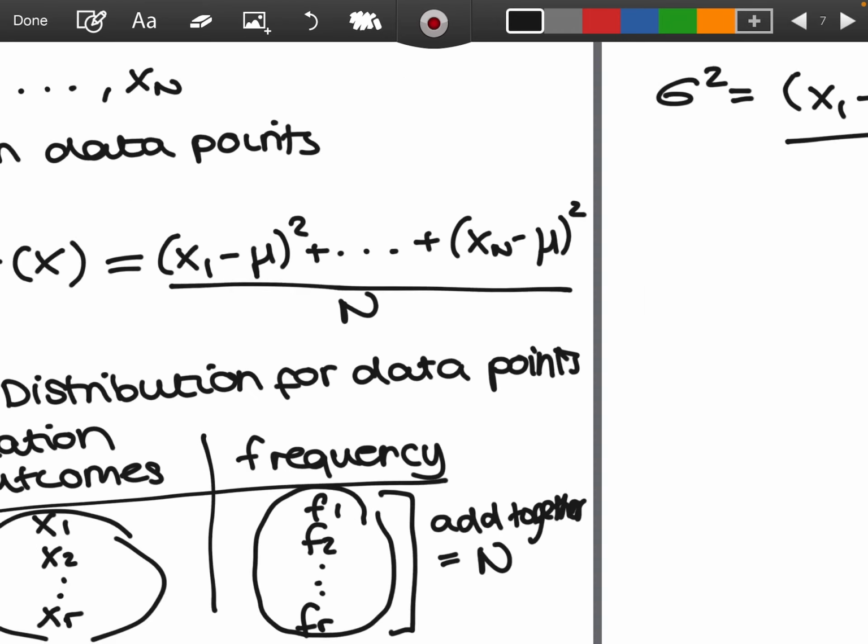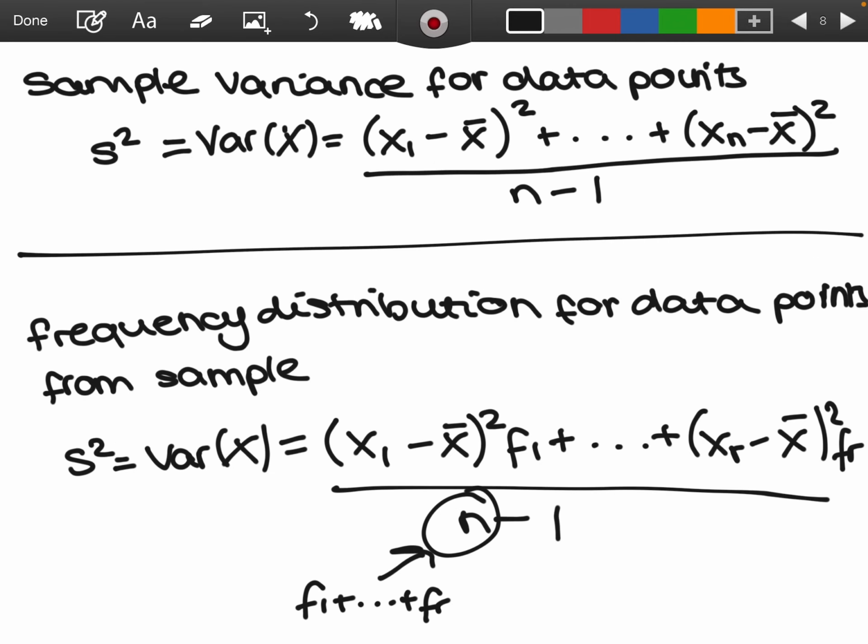If you are just dealing with a list of data points, like we had here, with either a sample or a population, you need to make sure that there is nothing in that frequency list. So you may have to clear that out. Just click clear on your calculator when you're on that list for frequency list. And then you can go ahead and calculate.